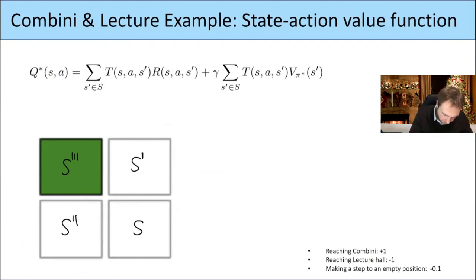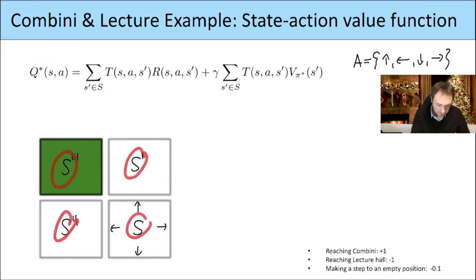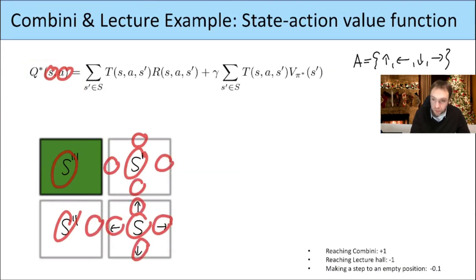So we can go in all directions. Or let's just say A is up, left, down, right. And this state action value function now gives us for each state here and each action, so here at each point, a value.